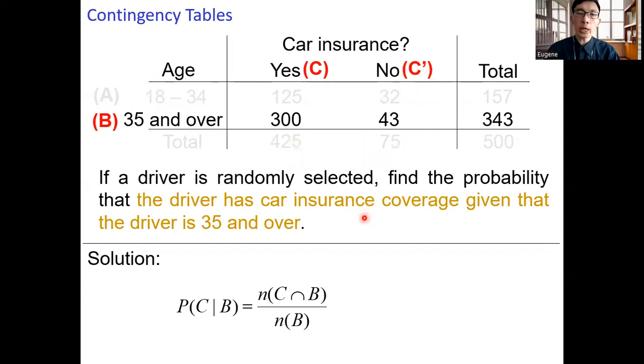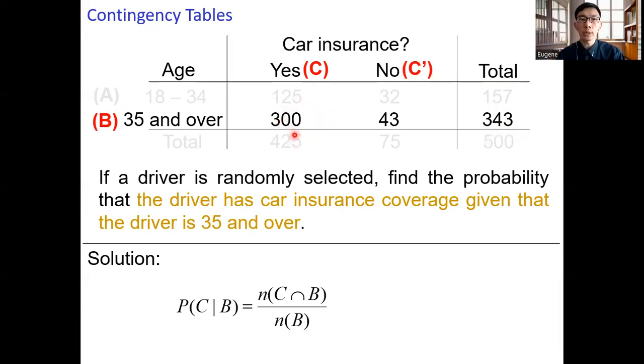In this question, we are only interested in the 343 drivers whose age is 35 and over. And then from this reduced sample space, we want to find the probability that the driver has car insurance coverage. So out of these 343 drivers, 300 of them have car insurance coverage.